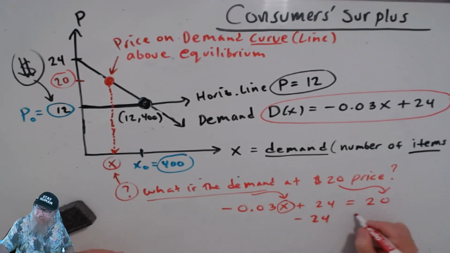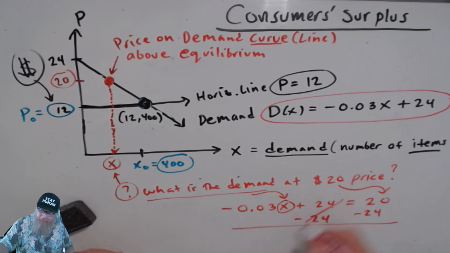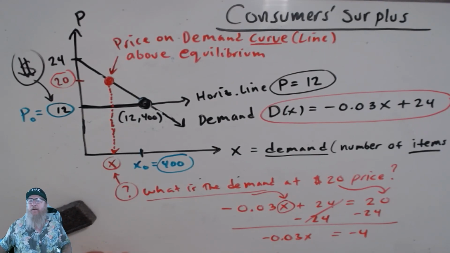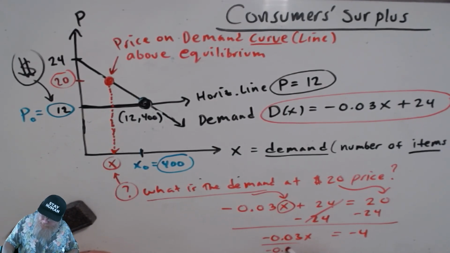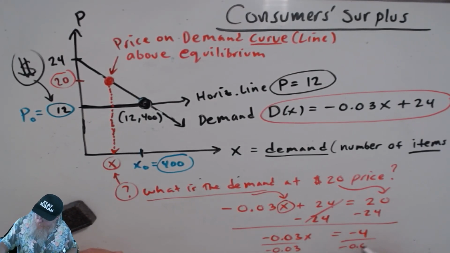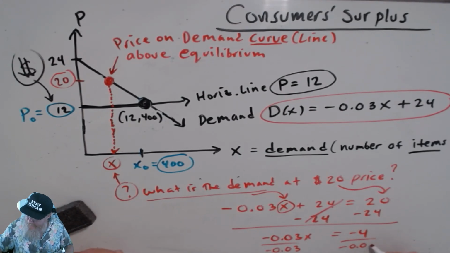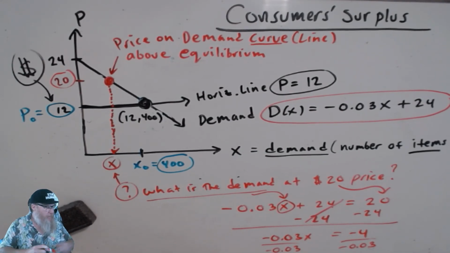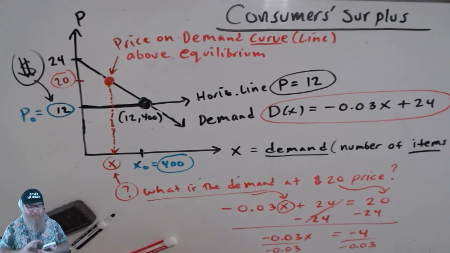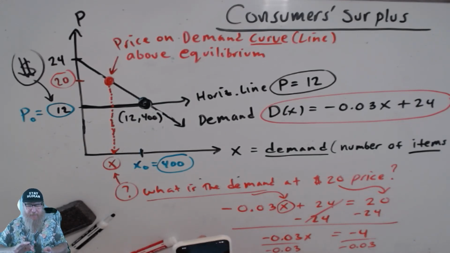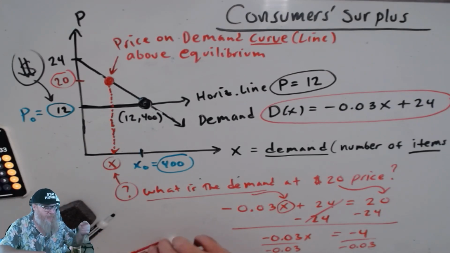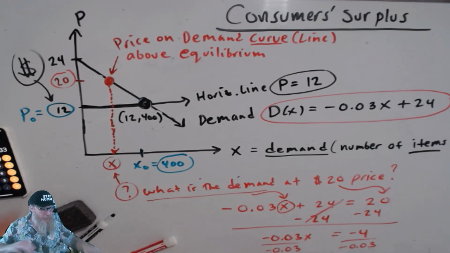So move the 24 over. Divide by negative 0.03. Make sure you have your calculator handy. So negative divided by negative is going to be a positive. So 4 divided by 0.03. Oh, God, I picked a terrible price. I wish I would have picked $21.